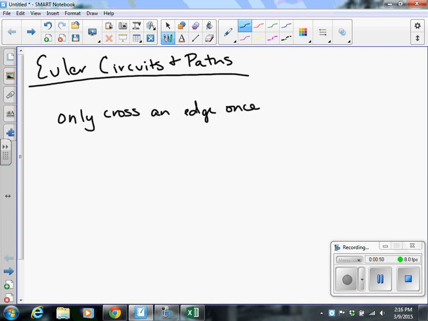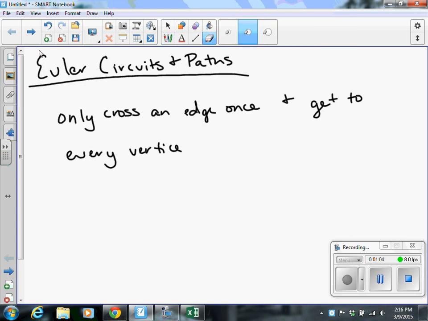Only cross an edge once and get to every vertex on our vertex edge graph. So every vertex. Okay, and this is all without lifting your pencil.